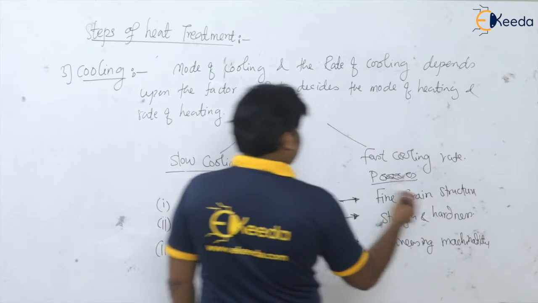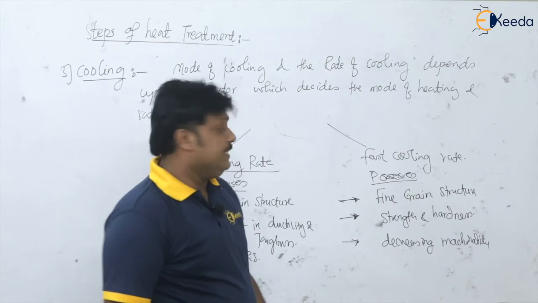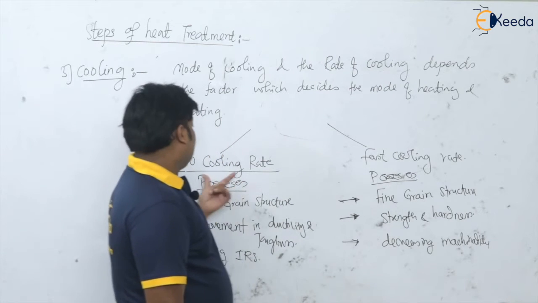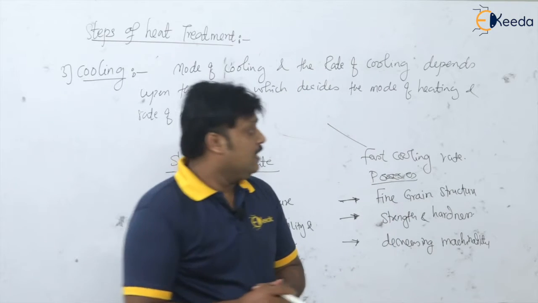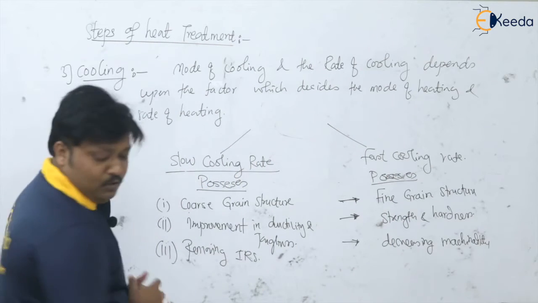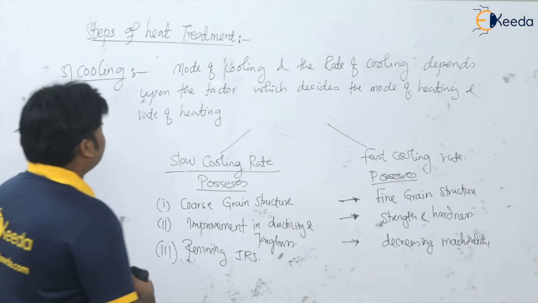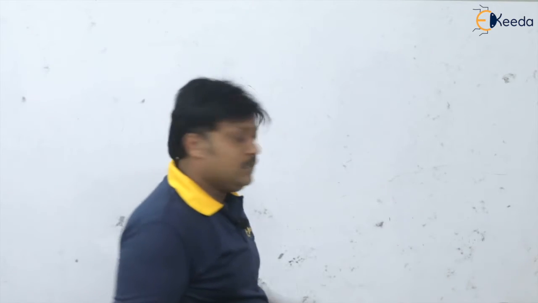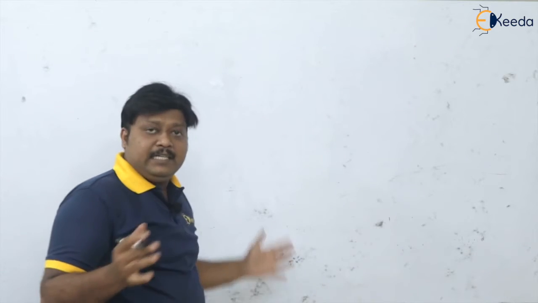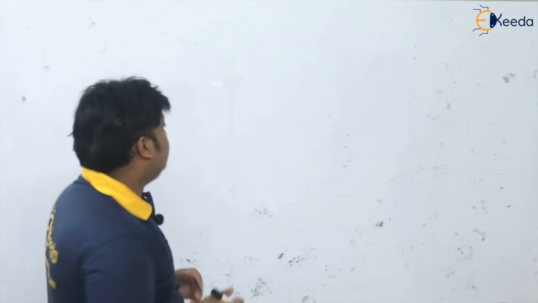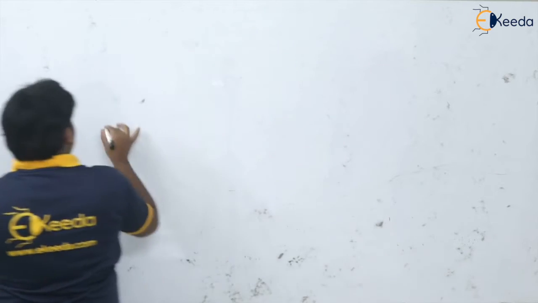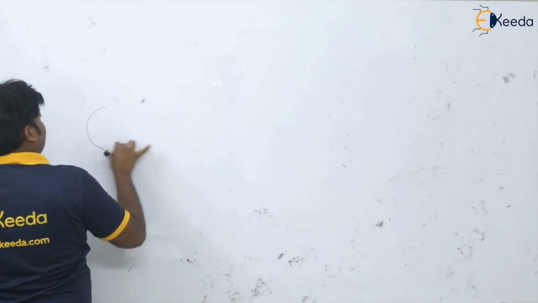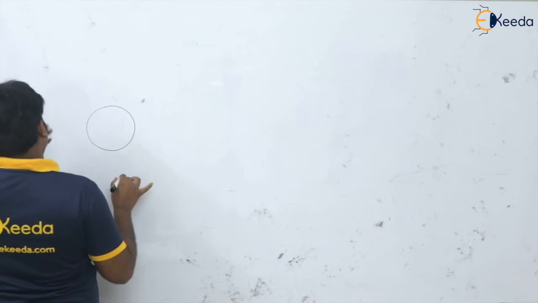So these are the things we observed when we cool with the slow cooling rate and the fast cooling rate, isn't it? So diagrammatically, dear students, if you want to see how these three steps are done in the heat treatment: say after heating, I am showing this picture of our microstructure.